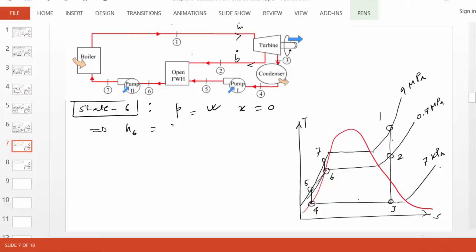So we go to the saturation table for 0.7 MPa and pick up the value of h_f, that is H6.